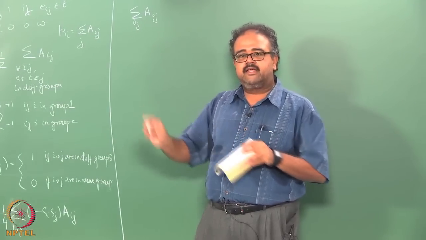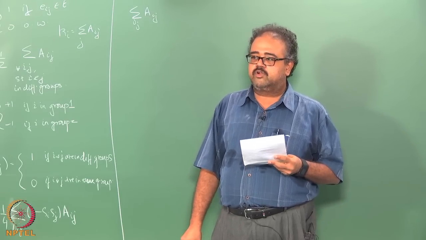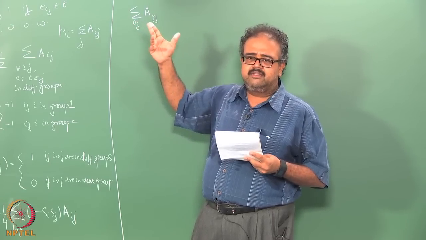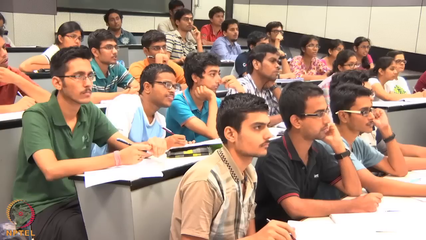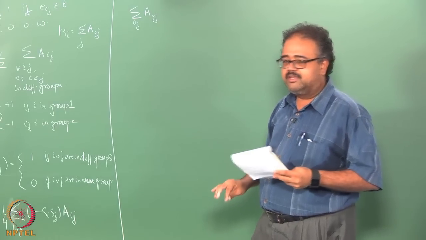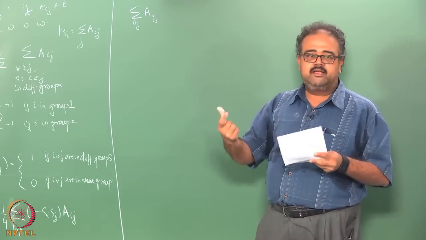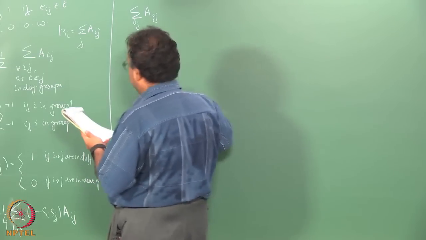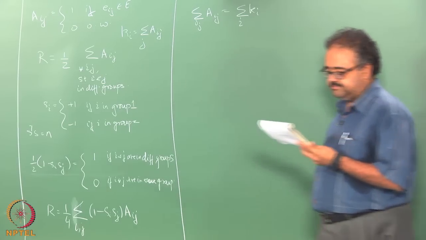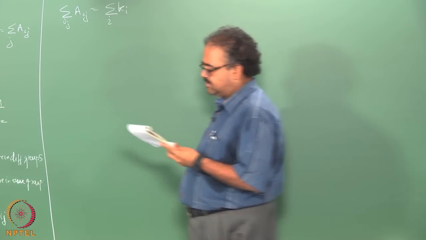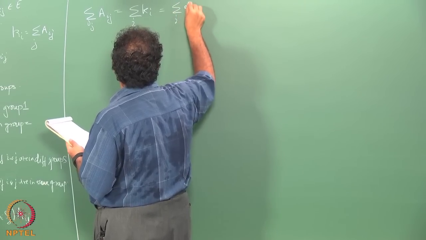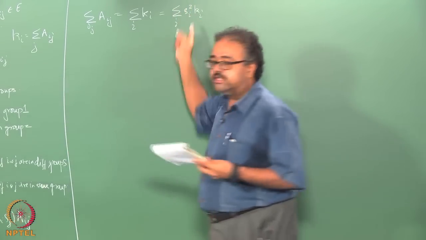I am just going to take that and rewrite that into something more complex. What is the sum over ij of a_ij? Twice the number of edges, but we will write it in a little more complex form so that we can go back, plug it in and derive one nice expression, okay. So this I will write as summation over i of k_i, right. Can I do that?